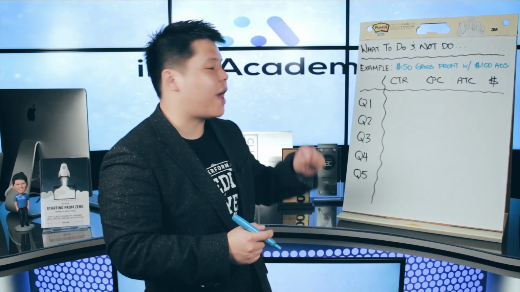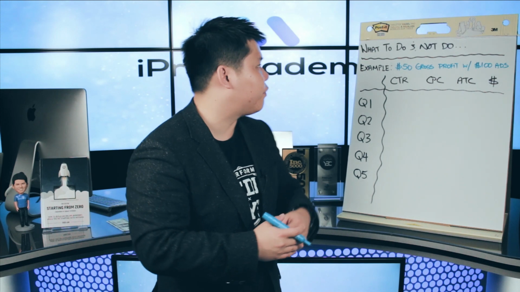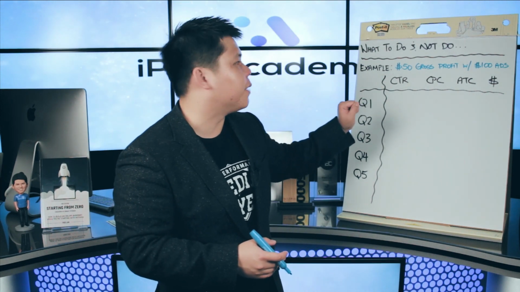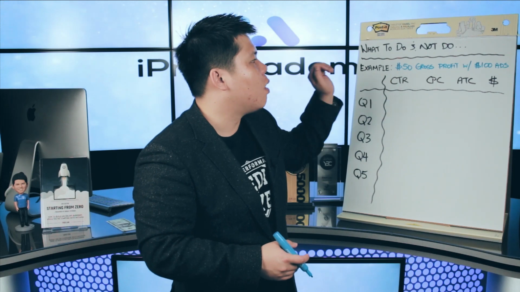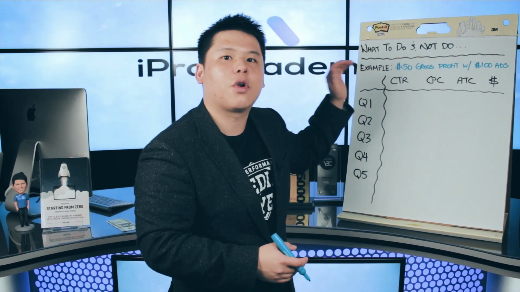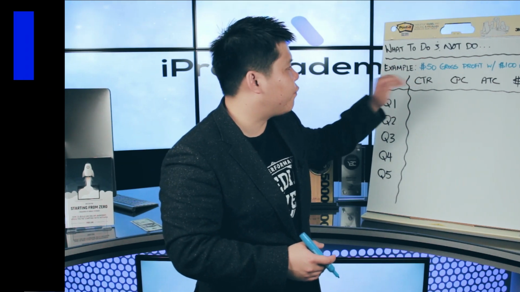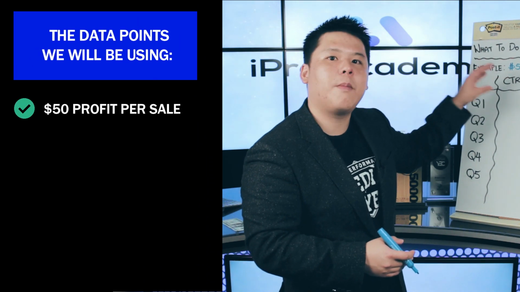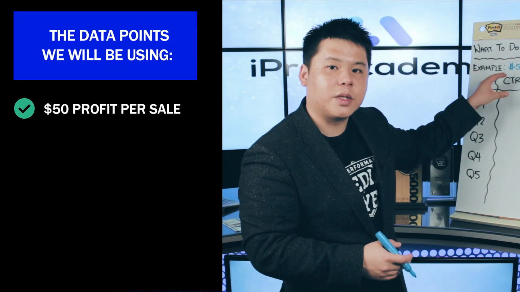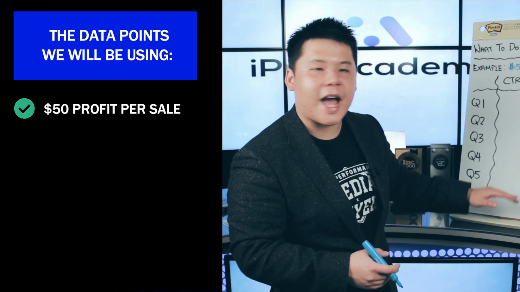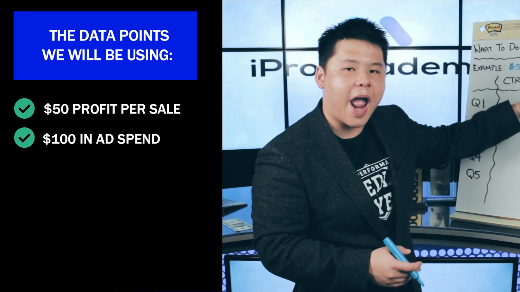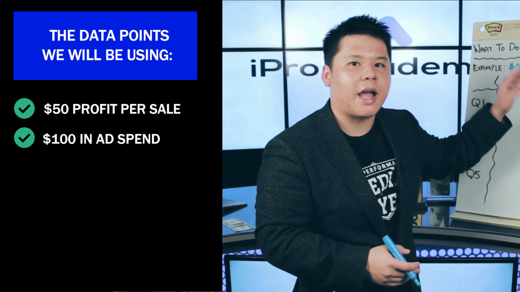But before we jump ahead further, here's an example that we're going to be using. For every single sale that we make, we're going to make $50 gross profit. So $50 net profit is how much we make for the sales in this example. And for all 5 of these ads, we have run $100 in ad spend.